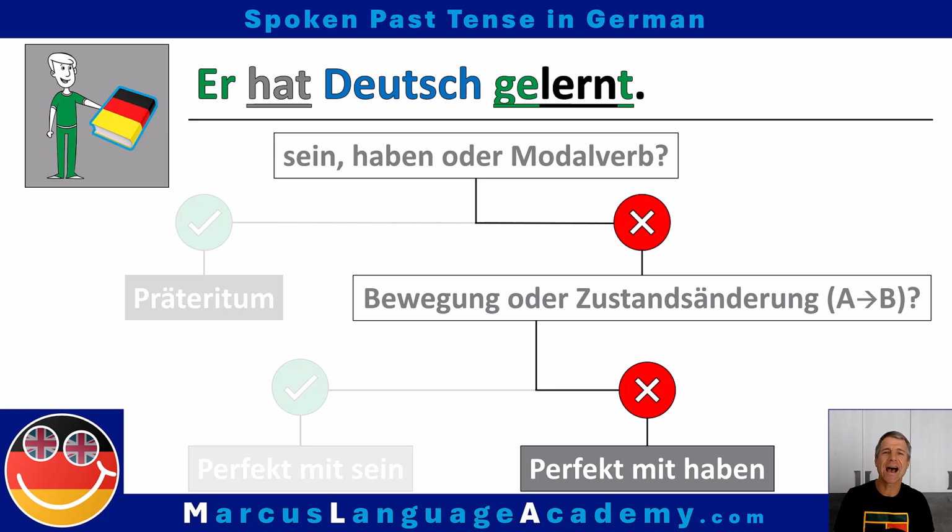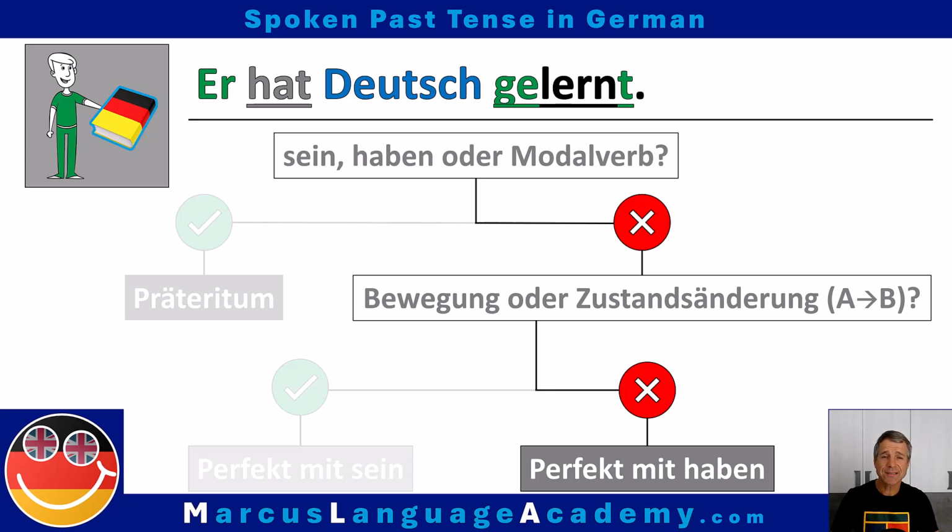So we say, er hat Deutsch gelernt. He has German learned, literally. So here we have hat gelernt. Okay? So we have hat in second place, and gelernt goes all the way again to the end because this participle is always at the end.